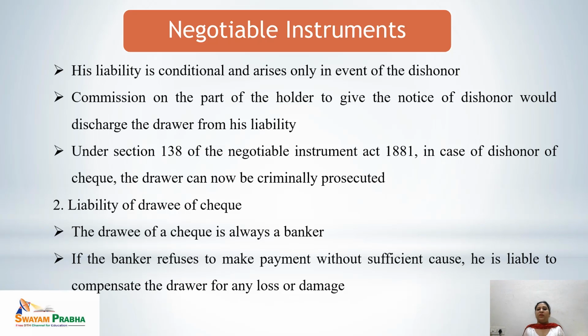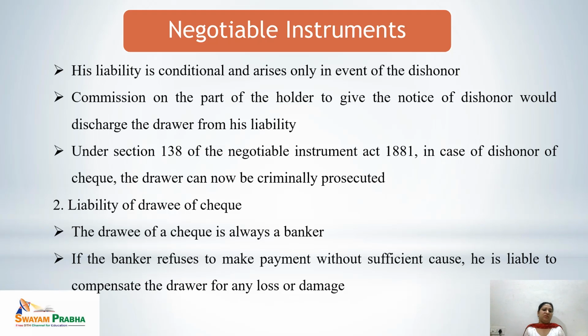Under Section 138 of the Negotiable Instruments Act 1881, the drawer can now be criminally prosecuted. Means in case of default, in case of dishonor, and if proper notice is given to the drawer of the instrument, in that case, the drawer can be criminally prosecuted under Section 138 of the Negotiable Instruments Act 1881.